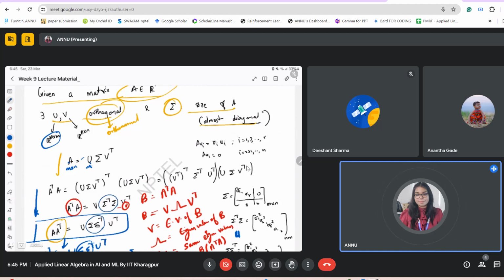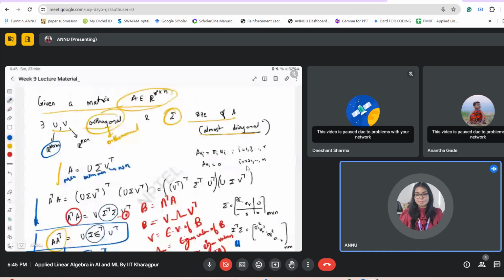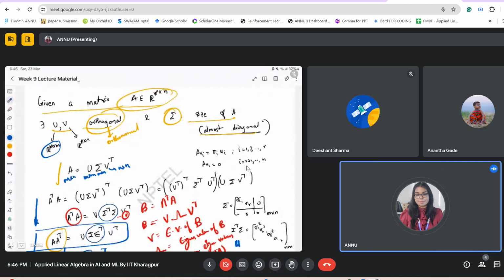In fact, in the case of tall matrices, we saw that there can be a solution or no solution. In the case of wide matrices, we have infinitely many solutions. So a single solution is not there, and we just want an efficient and single solution for every case. So this is the way to do the same.